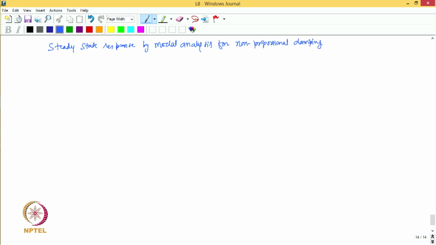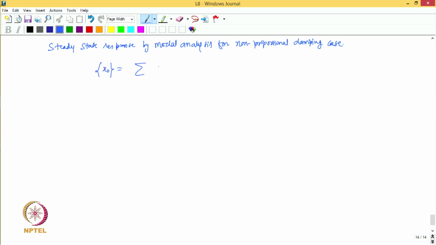Here we can proceed in a similar manner, only one difference would occur. So I would simply write down the expression directly, because all the steps are similar and only the final expression would have some difference.